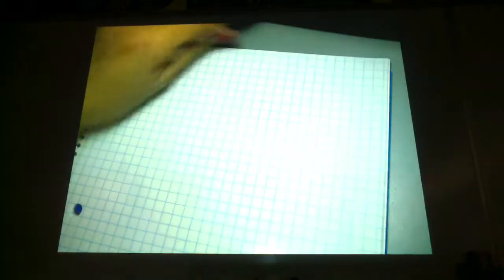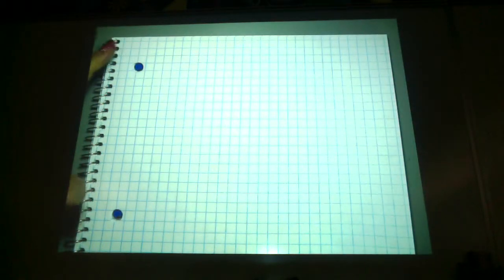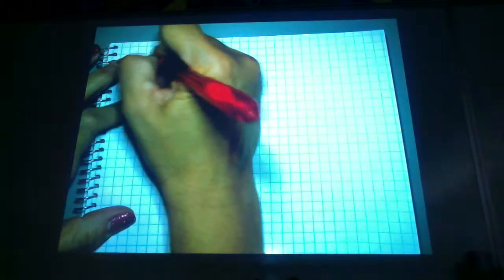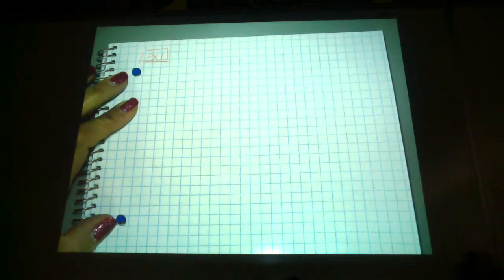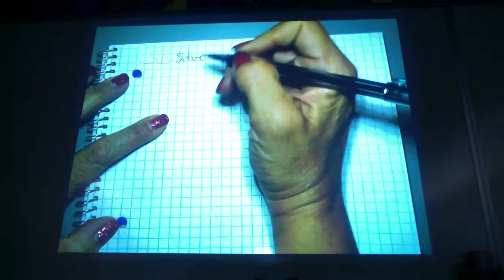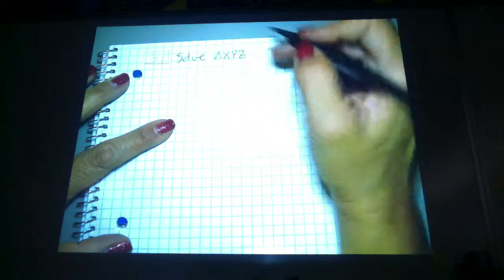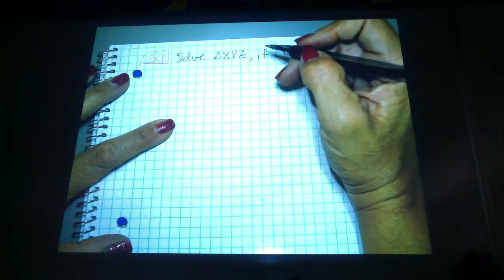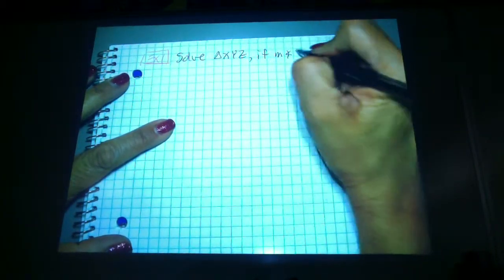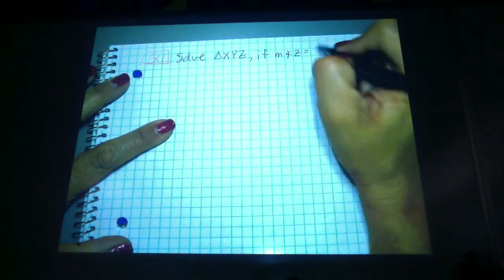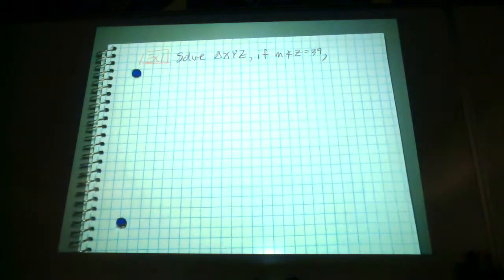Okay, so let's look at an example of case 1. So example 1. You are to solve triangle XYZ if the measure of angle Z is equal to 39, and that's assumed to be in degrees.